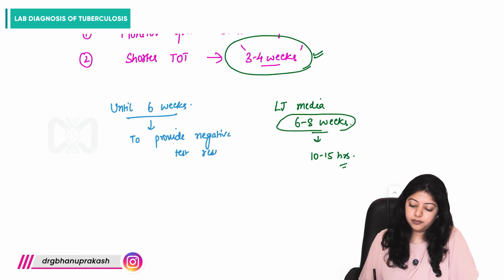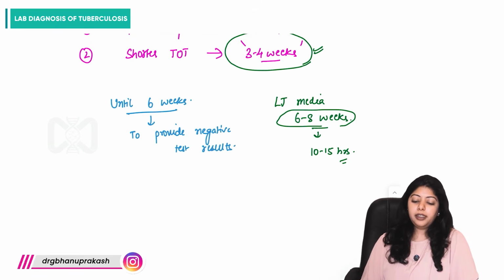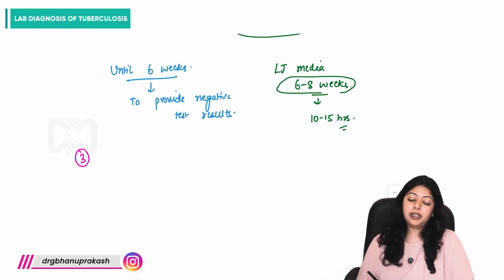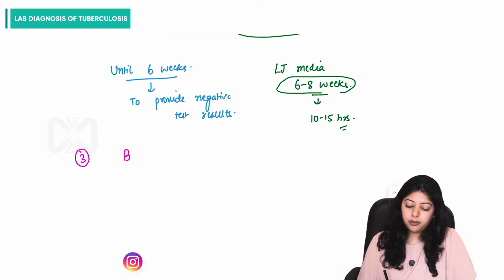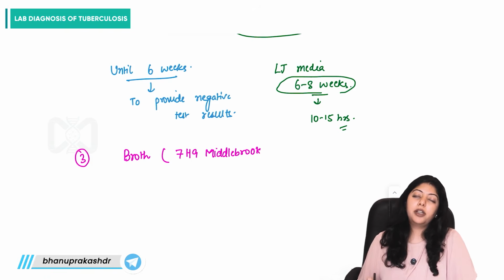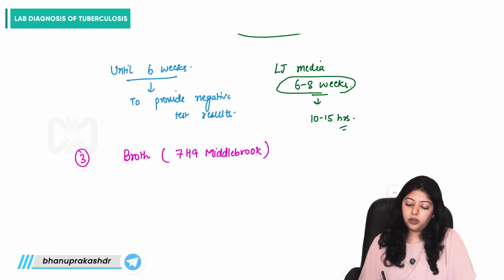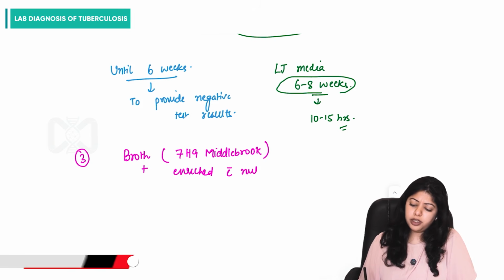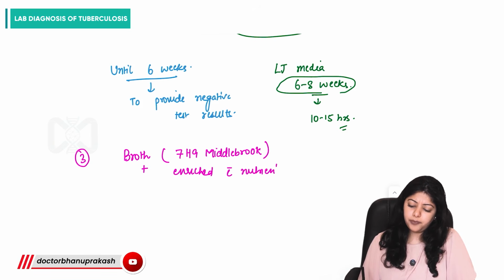Another important thing with liquid culture media is that they have the broth, which is majorly Middlebrook 7H9, and it is enriched with certain nutrients or growth supplements.